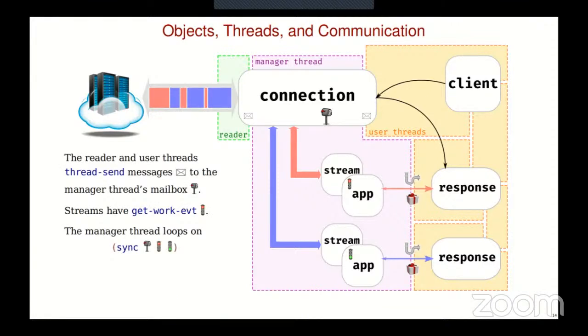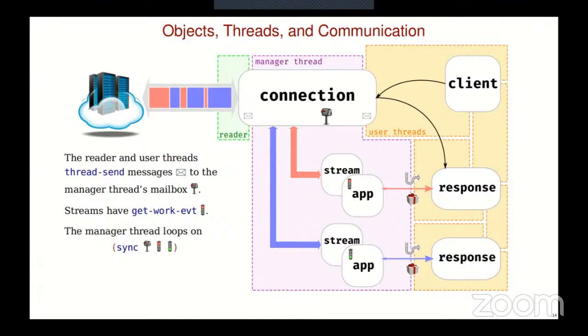Okay, so what are these primitives? Well, we have a thread mailbox, and the reader and user threads communicate with the manager thread through its thread mailbox. So when the reader receives a frame, it just sends the frame to the mailbox. Streams, if they need to do work, create events that represent their ability to do work and the work that they need to do.